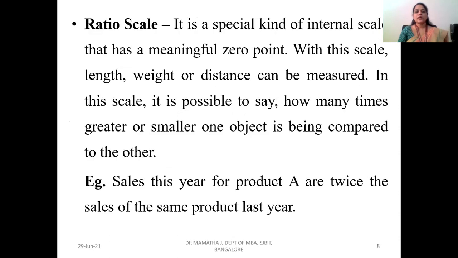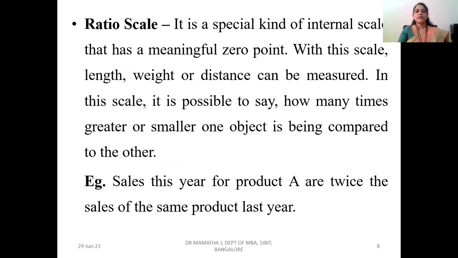Next is the ratio scale. This is a very advanced and special kind of interval scale which has absolute zero, meaningful 0 point. With this scale, length, weight, distance can be measured, and it is possible to say how many times greater or smaller one object is compared to other. Okay.